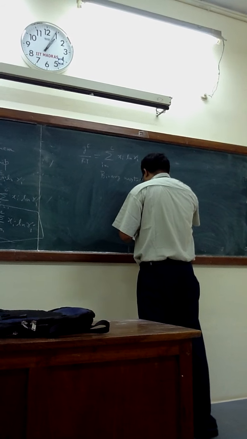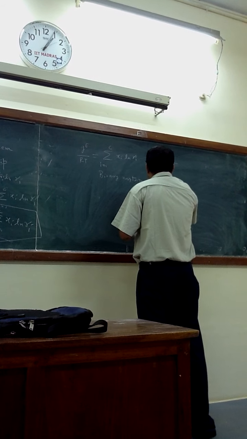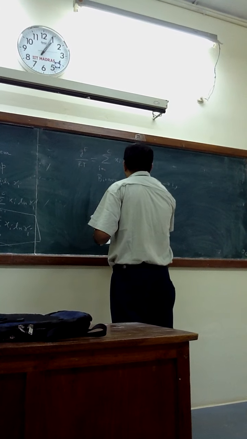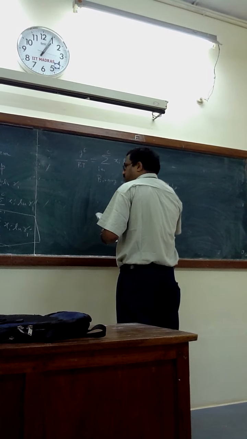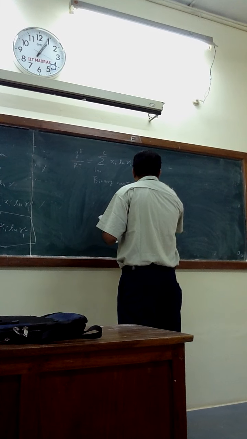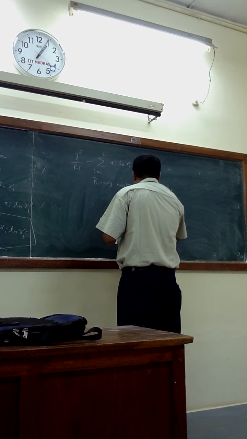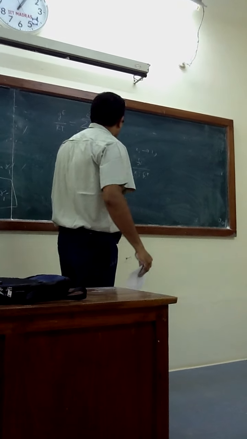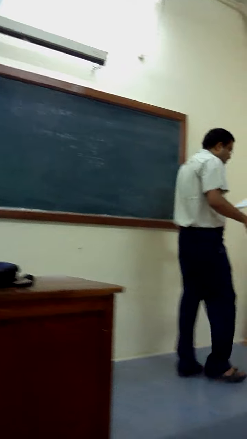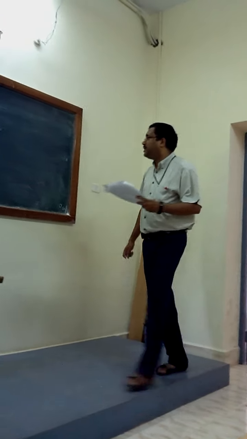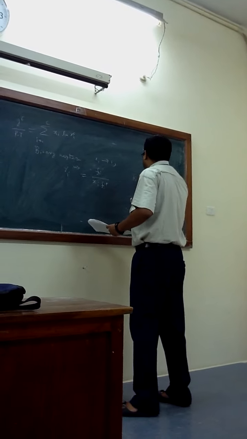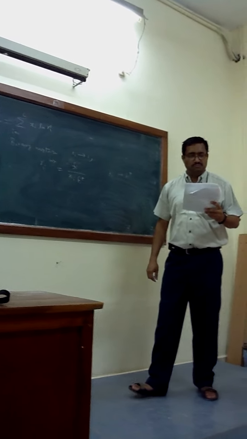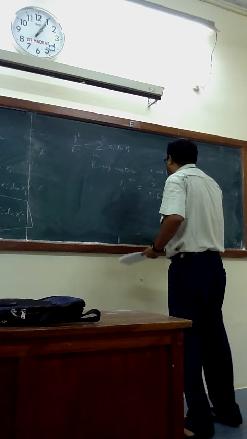So for the pure substance, x1 tending to 1, what is this gamma? We have proved it: gamma i is phi i by xi phi i star. If x1 tending to 1, what actually happens? Phi i will be phi i star, because gamma is tending to 1. And what will Ge/RT be?